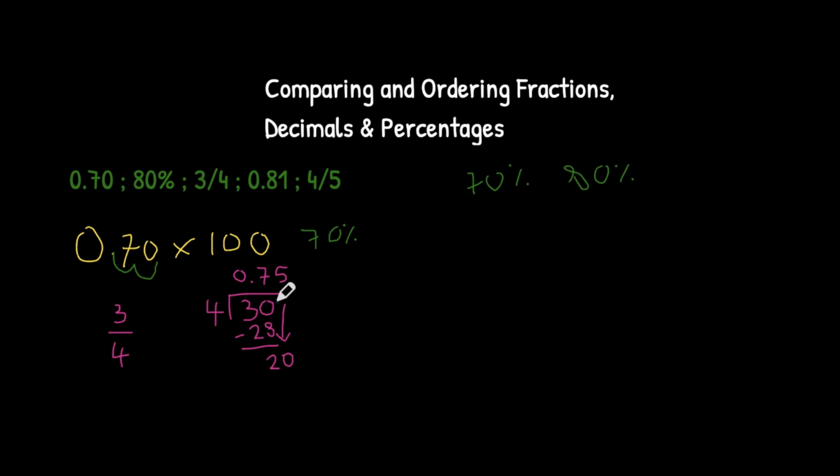So 3/4 is 0.75. And 0.75, if we multiply by 100 and move our decimal point 2 times, we have a clean 75%. Alright, cool. Then 0.81, the same way, we move our decimal point to the right 2 times, so that will be 81%.